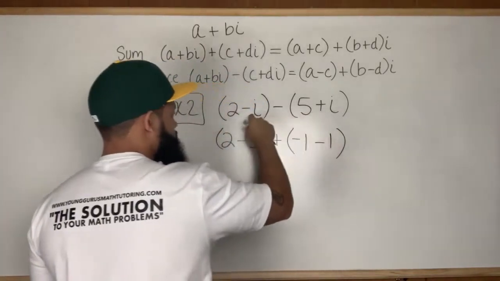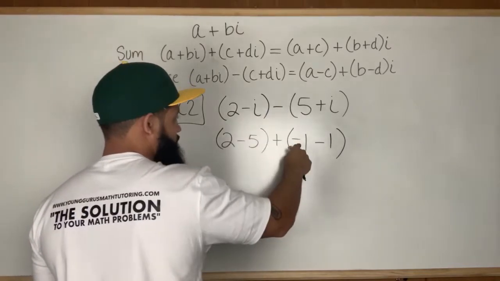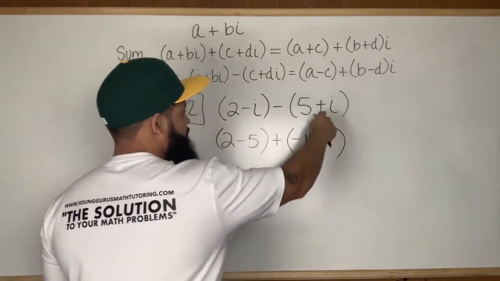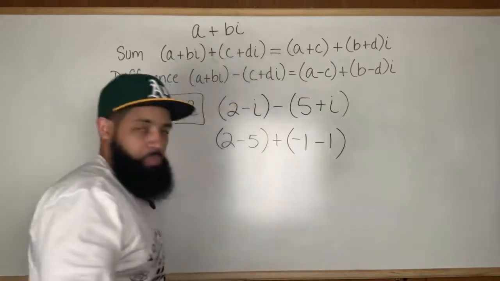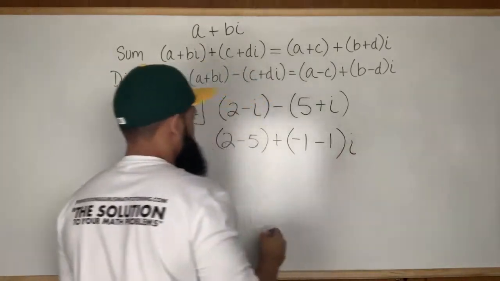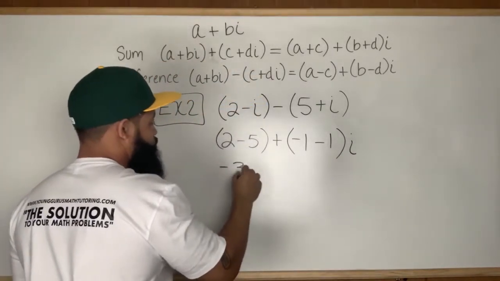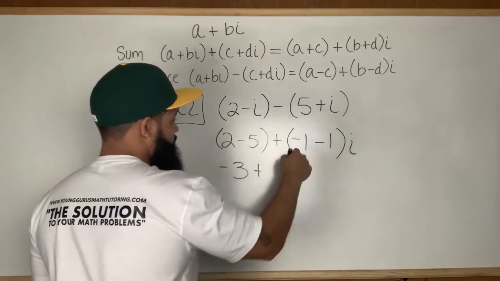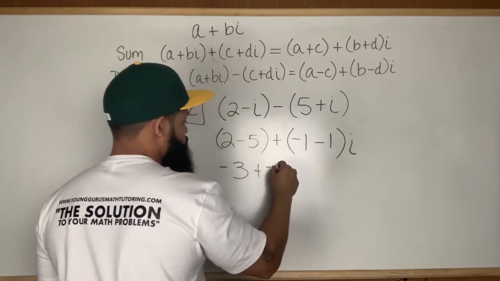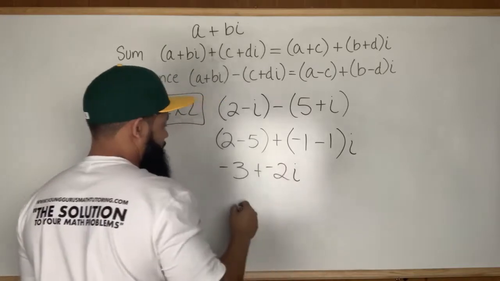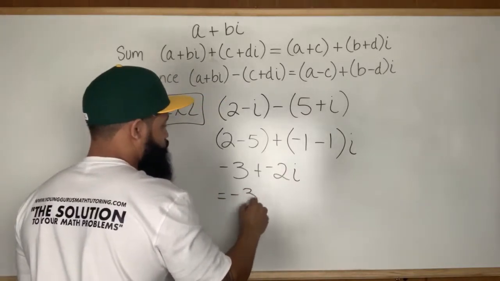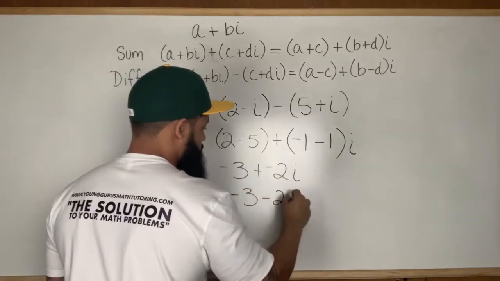This is negative 1i, minus, and then this is positive 1, so 1. Keep my i there. All right, so 2 minus 5 is negative 3, and then plus negative 1 minus 1 is negative 2. And keep the i. So we can simplify this to negative 3 minus 2i.